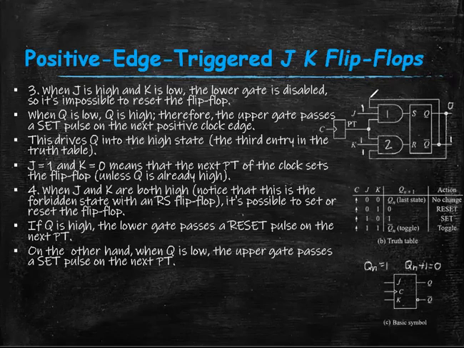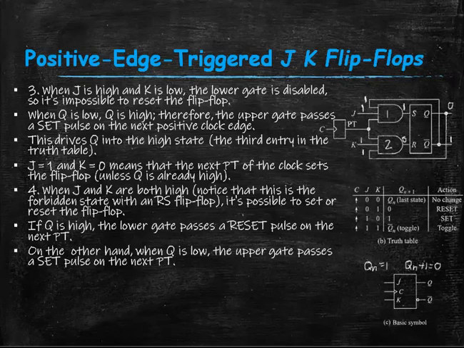Q bar is fed back into the upper AND gate, so J and Q bar are 1, then the upper AND gate gives an output high in the positive pulse, and the other must be equal to 0. S is equal to 1 and R is equal to 0 means it must set the SR flip-flop in the next pulse.